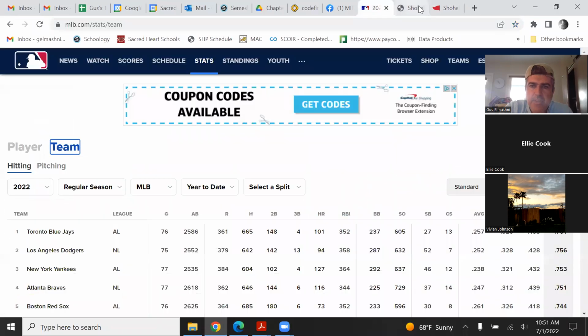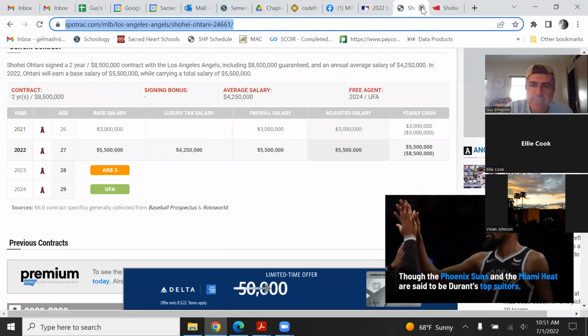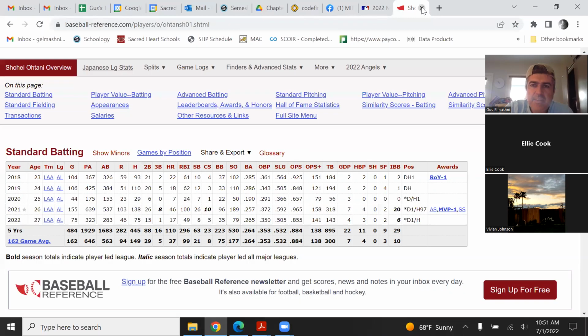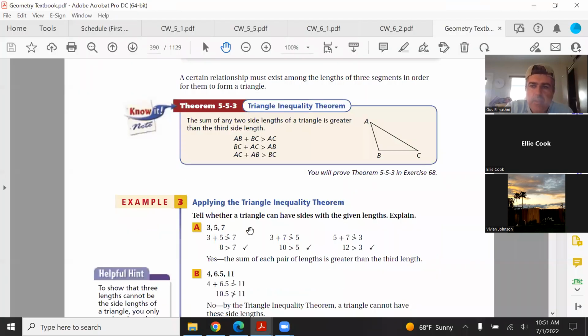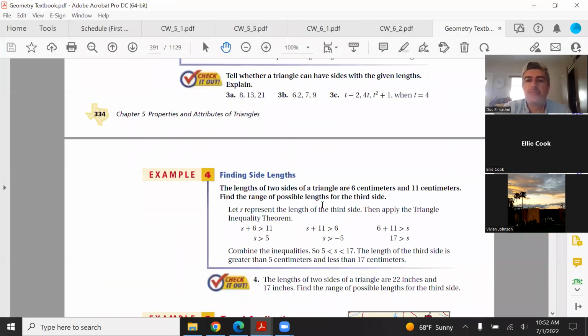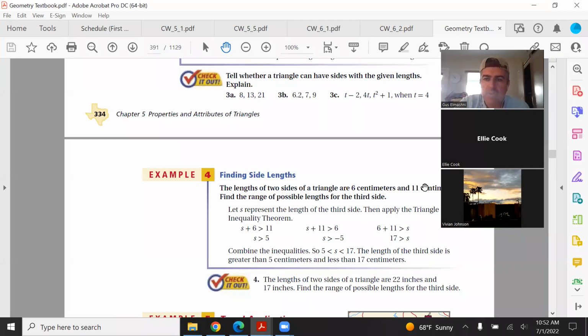Oh, sorry, I was looking at some of the stuff here. Let me close this down. There you go, the textbook section right here. Okay, sorry, a little frozen there.